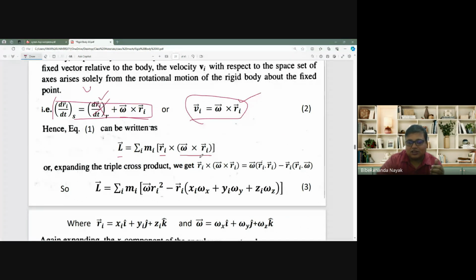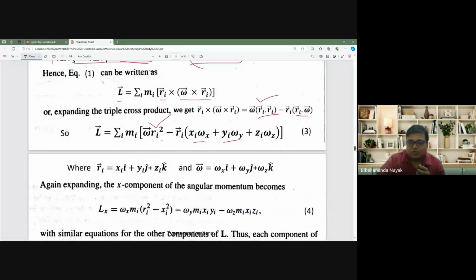Then take the vector identity A cross B cross C is equal to B times A dot C minus C times A dot B. You already know that. If you substitute this, ri dot ri is ri squared, the same vector dot product, and ri dot omega is equal to xi omega x plus yi omega y plus zi omega z, where r is equal to x, y, z.